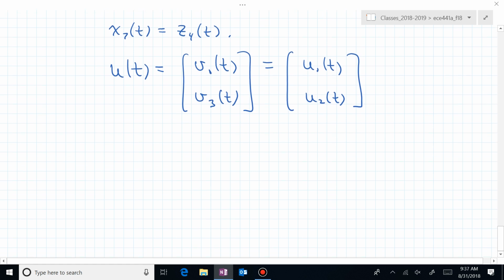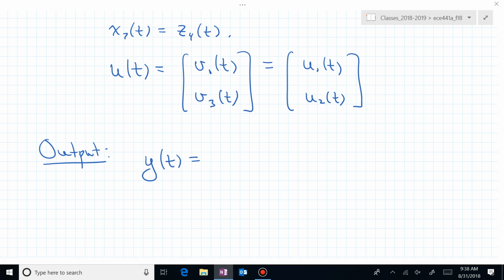What about the output? Well, we haven't defined any outputs, have we? And it may depend on you. It may depend on your boss. It may be dependent on what you're doing. For today, let's just let it be the positions of our masses.